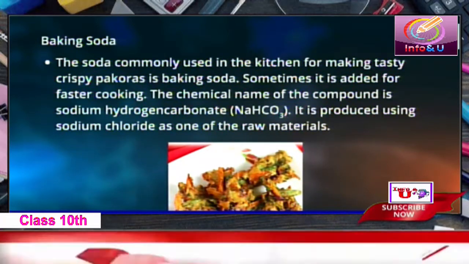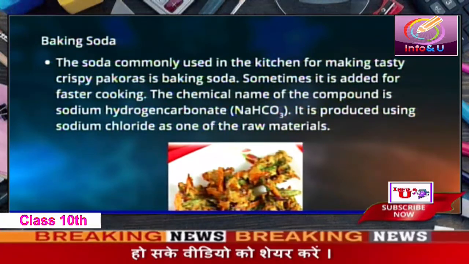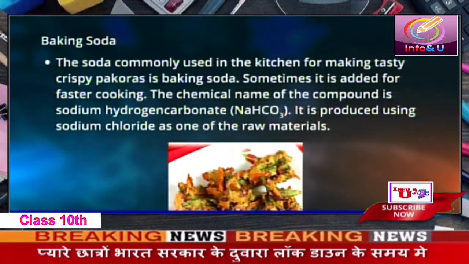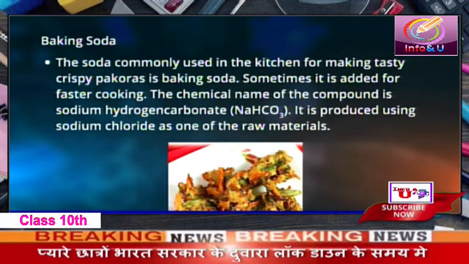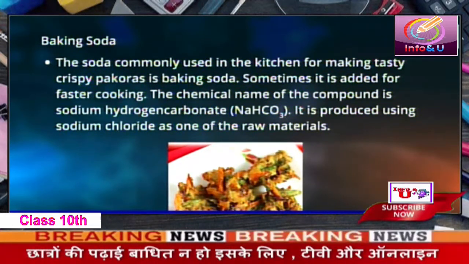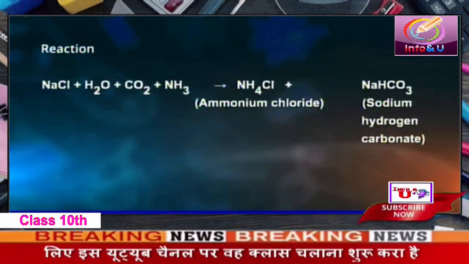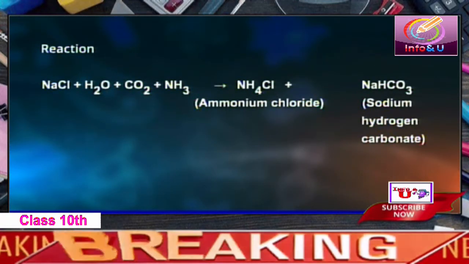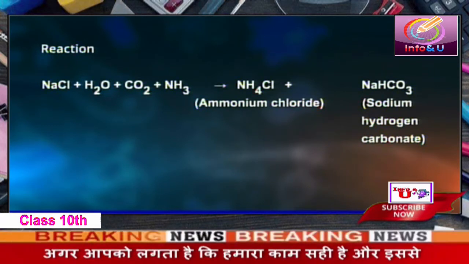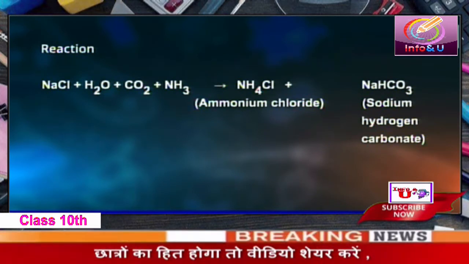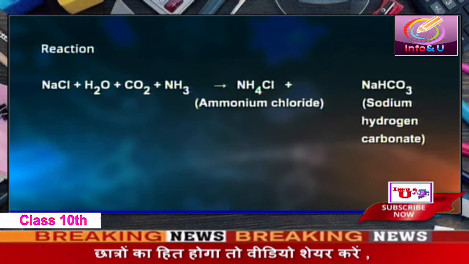The chemical name of the compound is sodium hydrogen carbonate, written as NaHCO3. It is produced using sodium chloride as one of the raw materials, and the reaction is sodium chloride plus water plus carbon dioxide and ammonia, giving us ammonium chloride and sodium hydrogen carbonate.